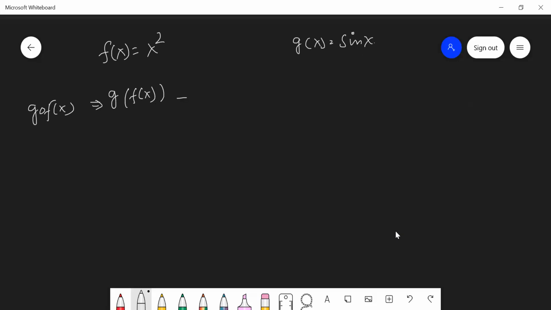What is the value of this function? g is a function of f(x), so g(x) equals sine x, and replacing x with f(x), we get g of f(x).